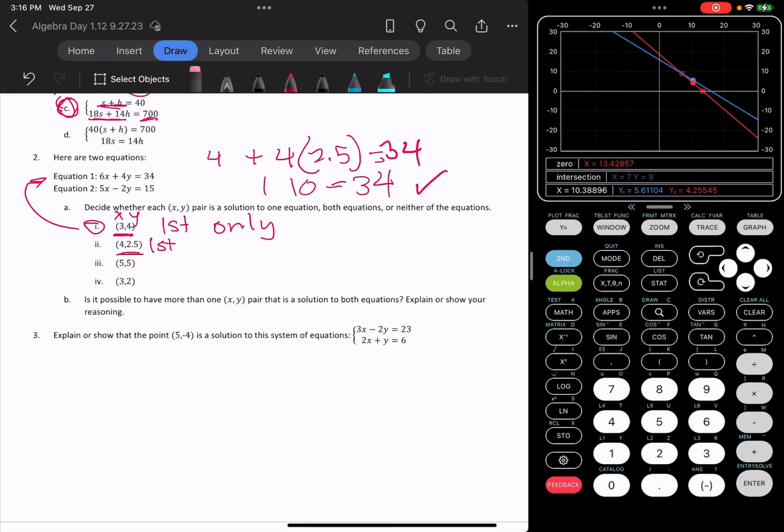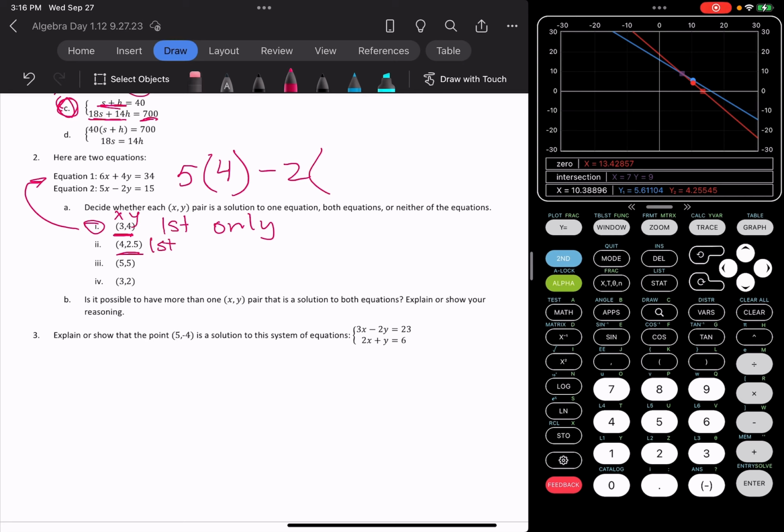Let's try the second one. Plugging in 5 times 4 minus 2 times 2.5 equals 15. We get 20 minus 5 equals 15. That is in fact true. So first and second equation.